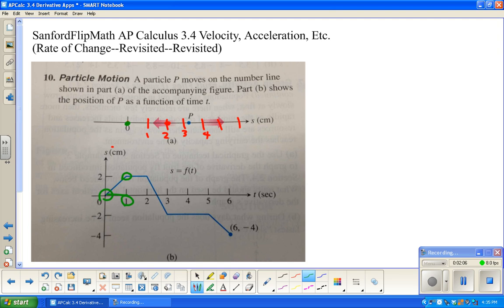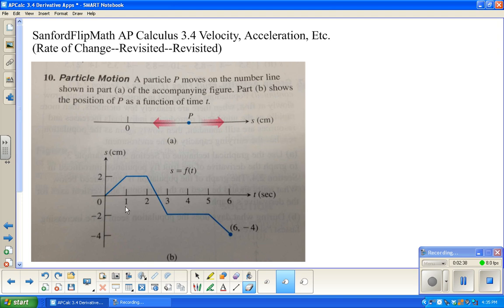Then we stay there for a second, and from the second to the third second, we're going to go all the way to the other side to -2, and we're going to stay there for 2 seconds, and then we're going to go even farther to the left to -4. So reading this graph is a big deal.